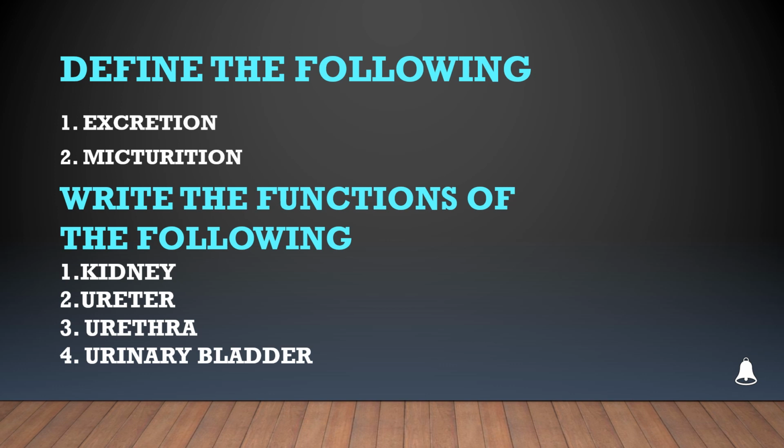The next one, ureter. It carries urine from the kidney to the urinary bladder. The next one, urethra. The urethra carries urine from the urinary bladder to outside the body. The last one, urinary bladder. What is the function of the urinary bladder? The urinary bladder collects urine from the ureter.